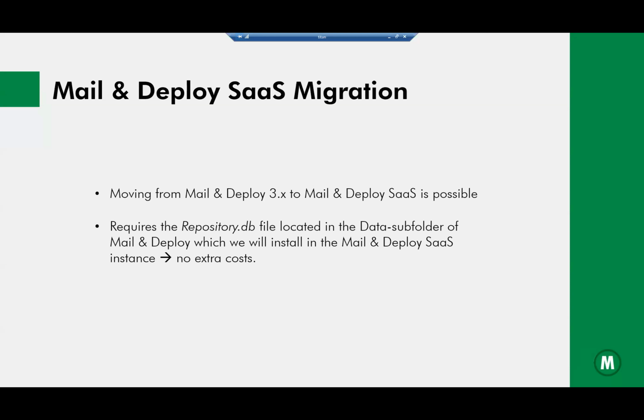If you want to move your on-premise content to SaaS, you can simply provide us this repository DB, and we can set up your SaaS instance with that repository file. So you will have everything as you did before in your on-premise version. That's really easy to do. And as I said before, there's also the option to deploy individual content, such as a single report, from an on-premise version to a SaaS instance in Mail and Deploy.